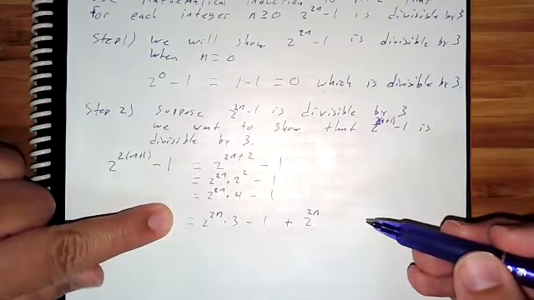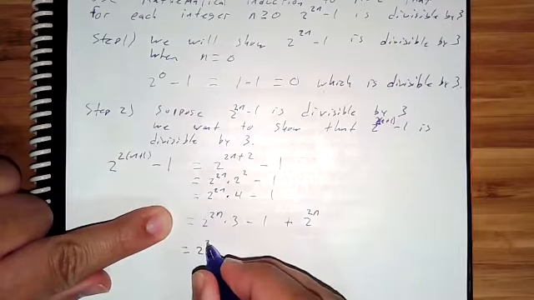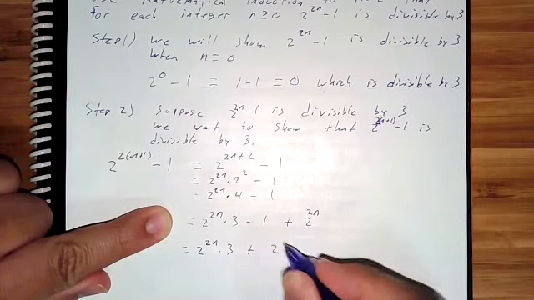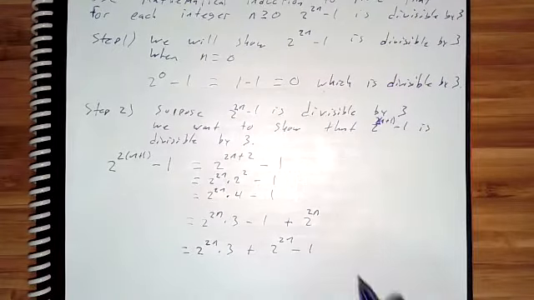Right. Now 2 to the 2n times 3 plus 2 to the 2n minus 1. Now we see it.